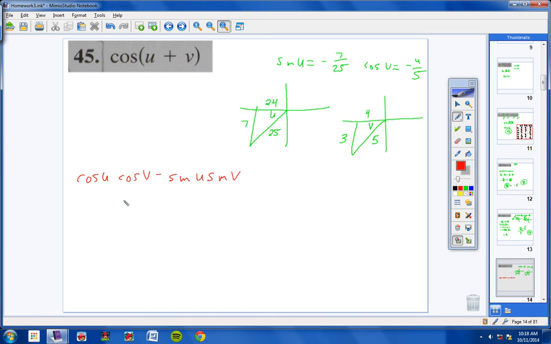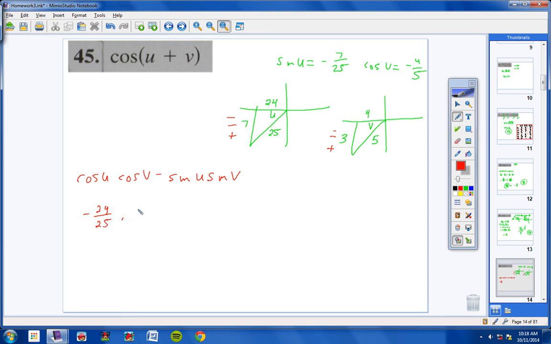Here we go. Cosine of u. Now we've got to remember our signs here. Everything's going to be negative in this quadrant except tangent. Tangent will be positive. And we're not dealing with tangent in this problem, so we should be fine. Cosine of u would be adjacent over hypotenuse, so negative 24 over 25.